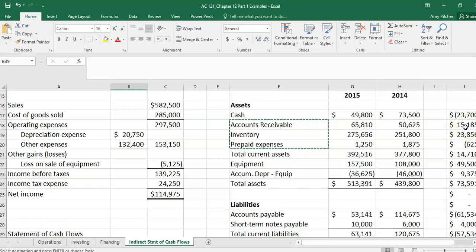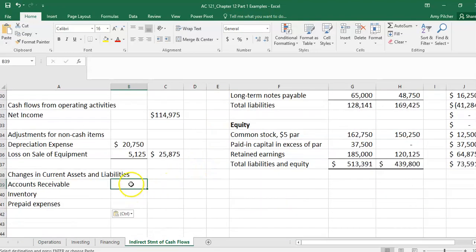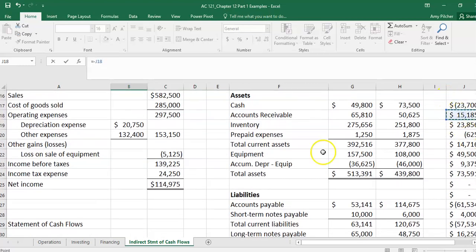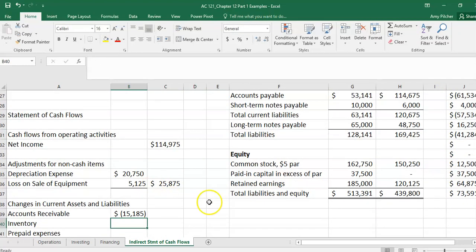So remember, increases are subtracted. Increases in current assets are subtracted, decreases in current assets are added back. So we're going to subtract this change in accounts receivable. And I'm just going to go ahead and make that a negative number by putting the negative in there and then selecting the change that we calculated.